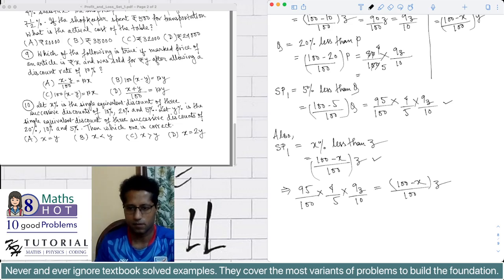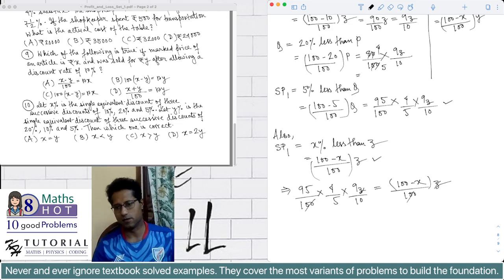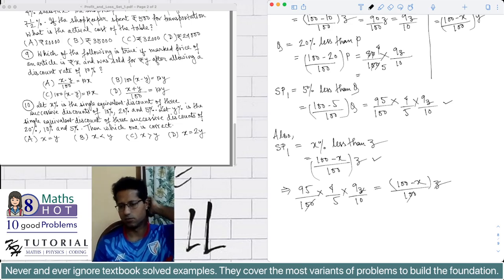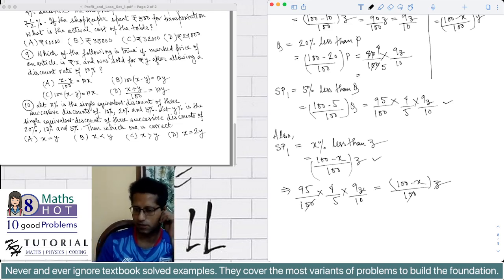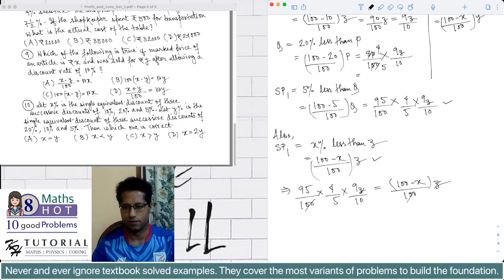First of all, we can cancel out Z from both sides. We can cancel the 100 from both sides. Now, when I say cancel Z from both sides, I mean that you can divide both the sides by Z. And when I am saying that we can cancel 100 from both the sides, that is 100 is in the denominator of both the sides, I mean to say that you can multiply both the equation by 100.